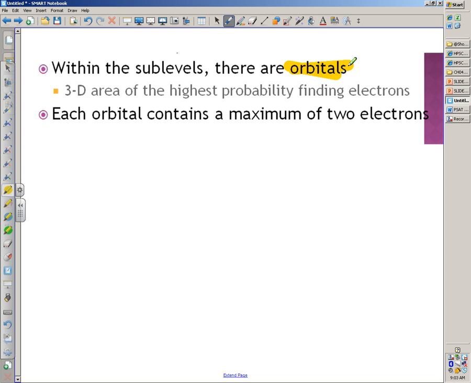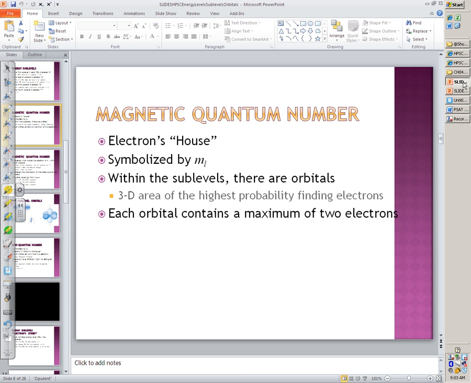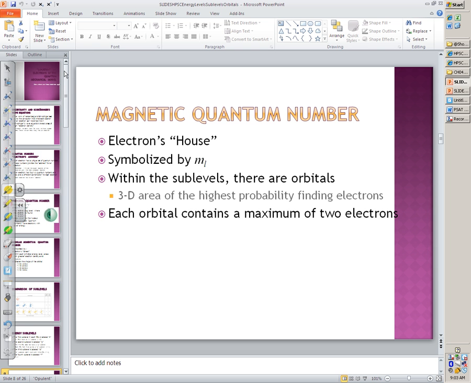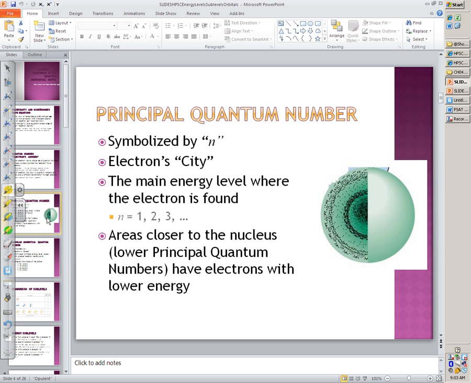Does that make sense? And then yesterday we talked about, how do we characterize those areas of high probability? Within this picture of the quantum mechanical model, there are areas that show up more dark than other areas, and principal quantum levels, and then within those areas, sublevels and stuff like that.